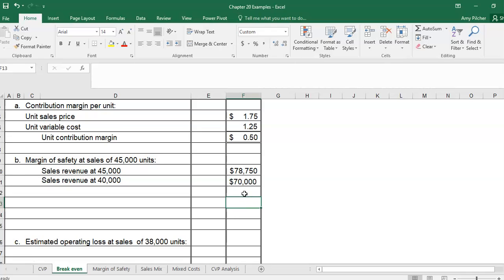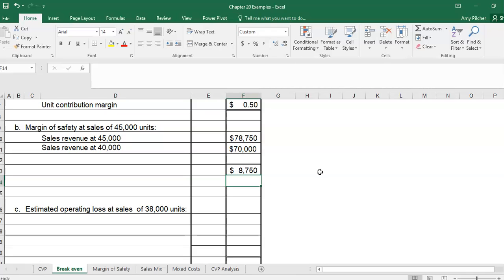Margin of safety is the difference between our projected sales revenue and our break-even sales revenue. So our projected sales revenue, if we sell 45,000 units, is $78,750. Our sales revenue at break even is 70,000 because it told us that our break-even point was 40,000 units. So our margin of safety is projected sales revenue minus break-even sales revenue, or $8,750.